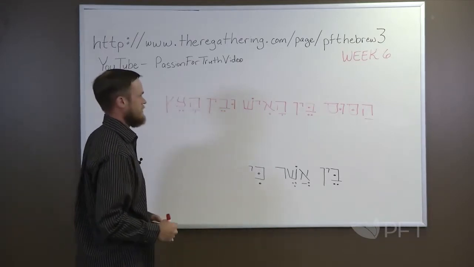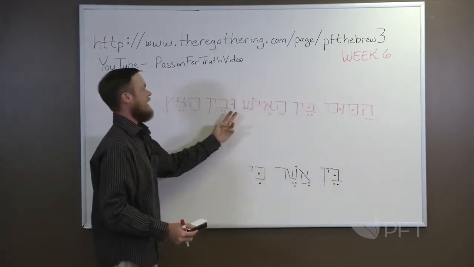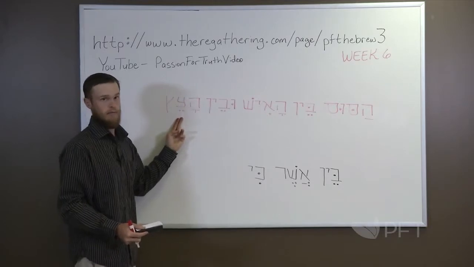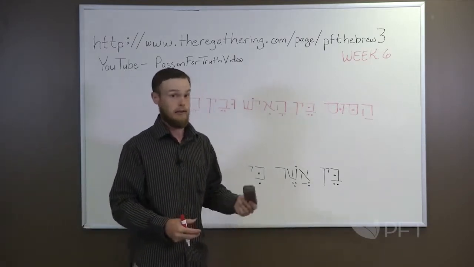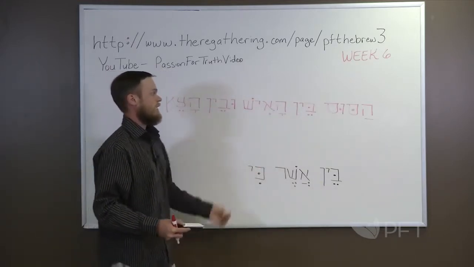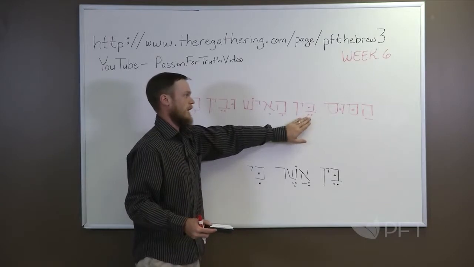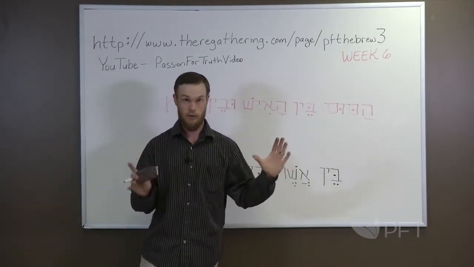If we were to translate this literally word for word, we'd be saying the horse is between the man and between the tree. But in translation we don't say it that way because we don't say it that way in English. We would say the horse is between the man and the tree. But in Hebrew we have to use bain before each of the items that are defining the boundaries of between.